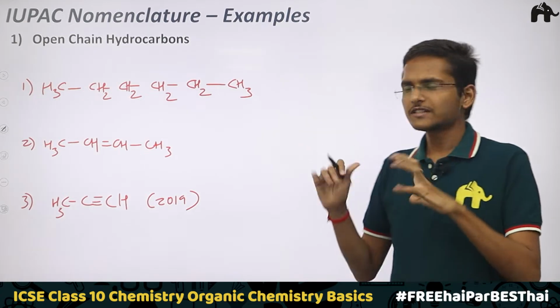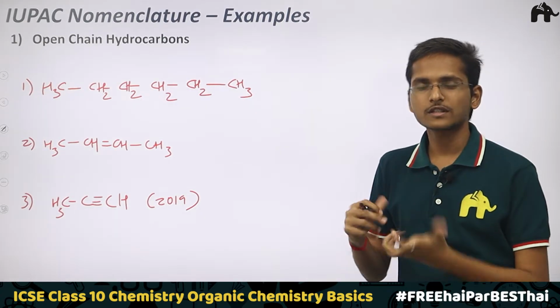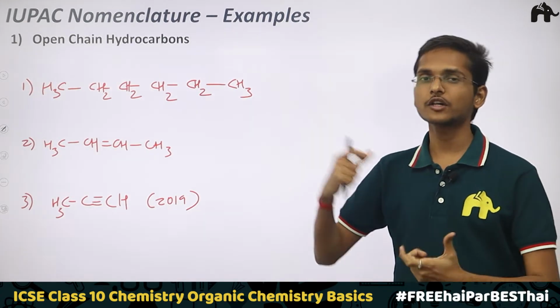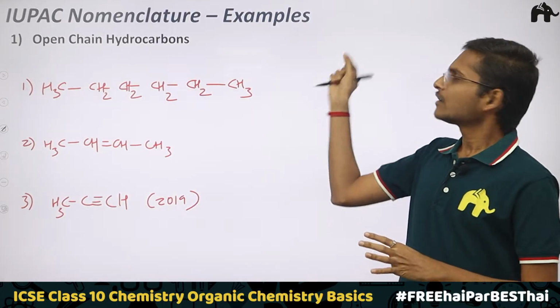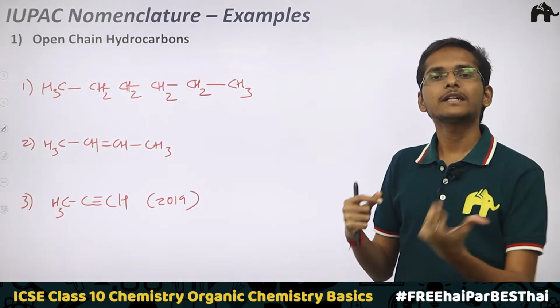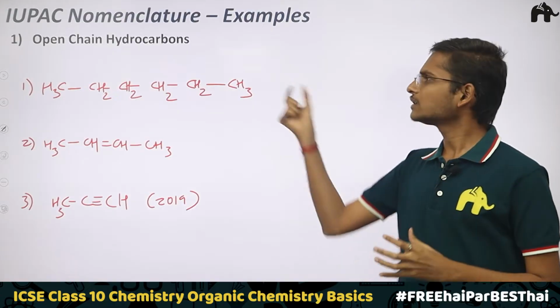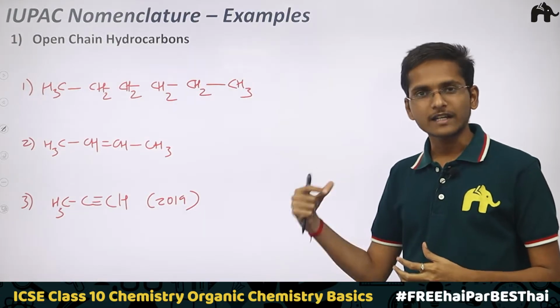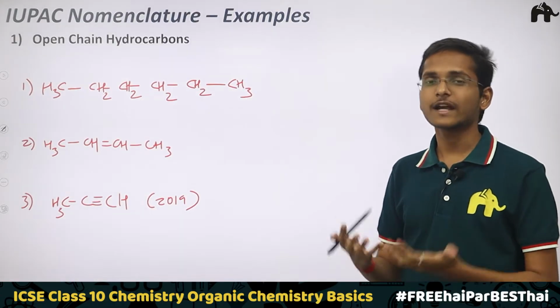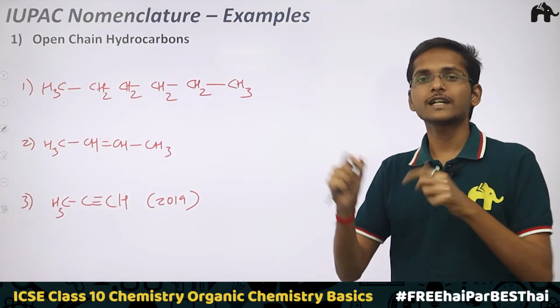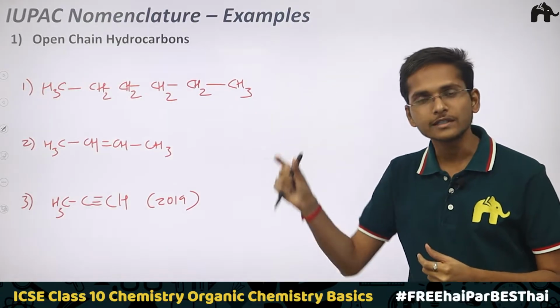Okay friends, so let's start to understand the rules which we studied in the previous video for IUPAC nomenclature, by taking one example each of the alkane, alkene, alkyne, alcohols, aldehydes, carboxylic acids, and alkyl halides, so that you get a clear idea how to name all these organic compounds.